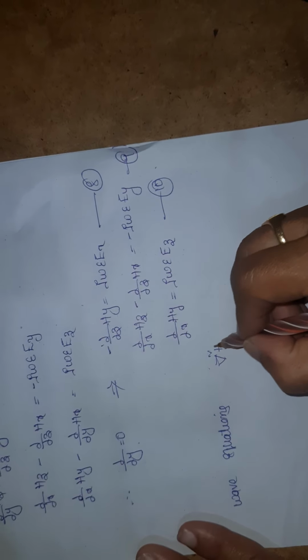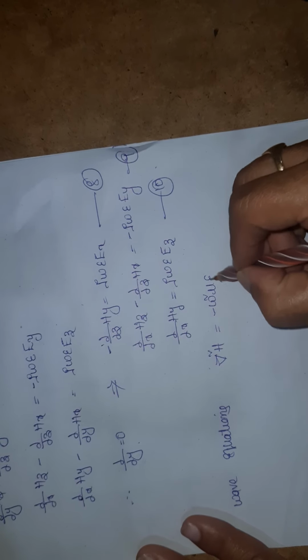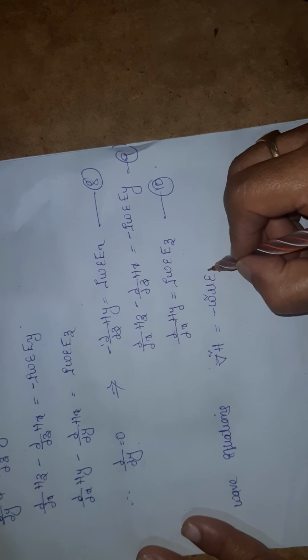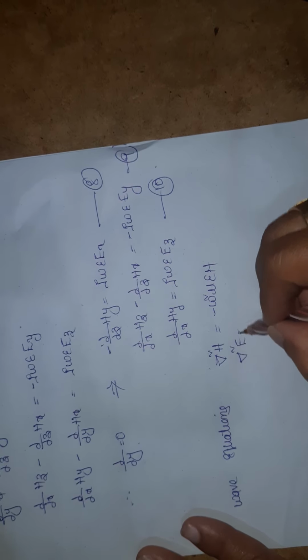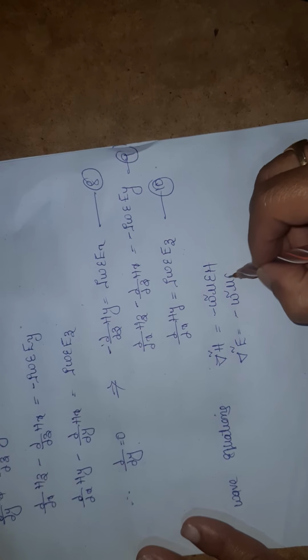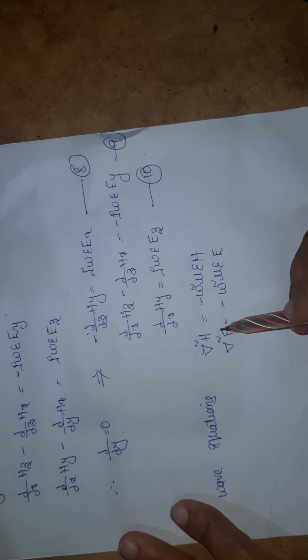Del square H is equal to minus omega square mu epsilon H, del square E is equal to minus omega square mu epsilon E, and you have to expand this del.